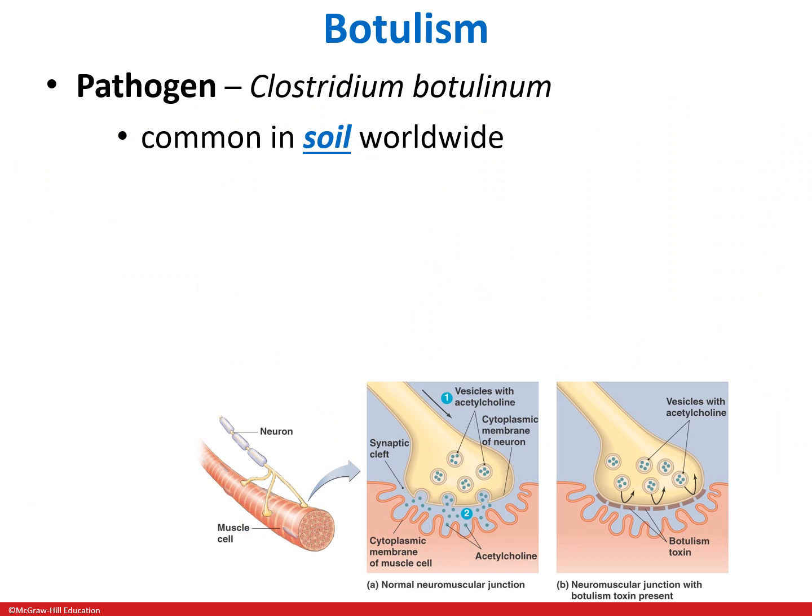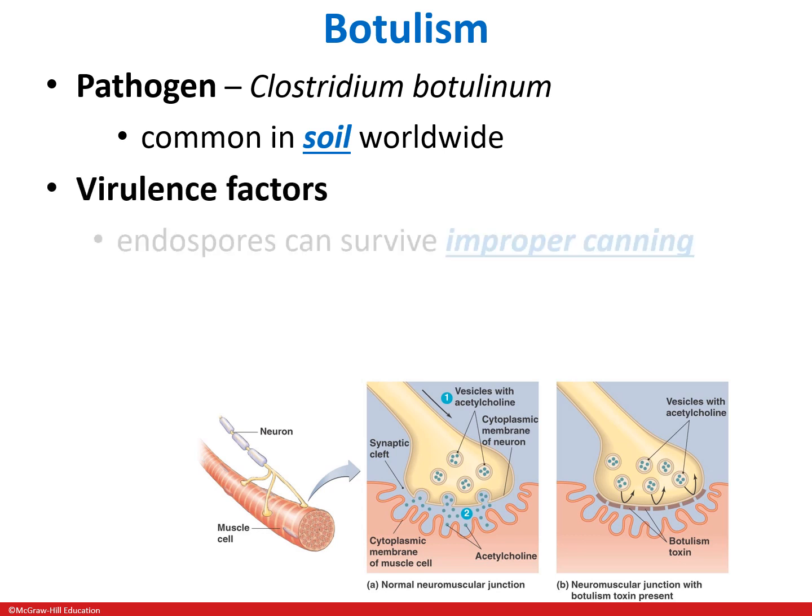So then there's the toxin-based diseases. So for example, botulism, right? So Clostridium botulinum, recall that Clostridium and Bacillus are two bacterial species that are common in the soil worldwide. They make endospores. And so when we think of botulism, we tend to think of food, and typically we think of home canned foods, right?